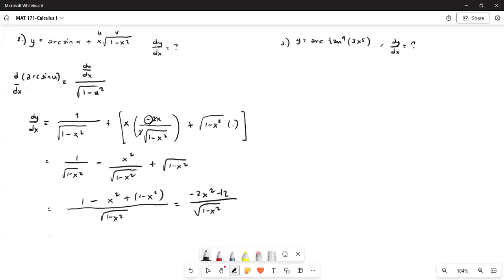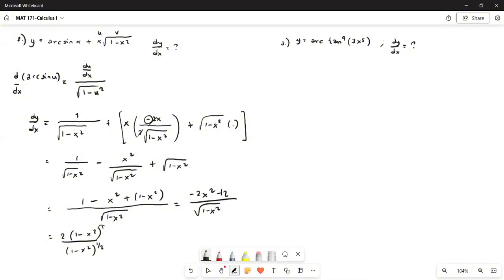So, ngayon, factor out lang natin yung 2. Magkakaroon tayo ng negative x squared plus 1. Pero baligtarin na lang natin yung sulat. Kaya magiging 1 minus x squared over square root of 1 minus x squared or 1 minus x squared raised to 1/2. Since 1 yung exponent ng 1 minus x squared sa taas, then may 1/2 ka. So gamit lang tayo ng yung 1, i-minus natin yung 1/2.